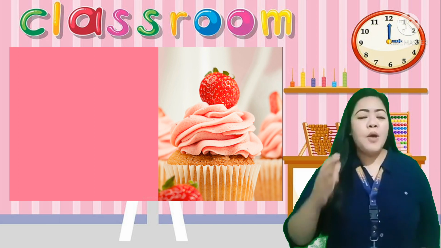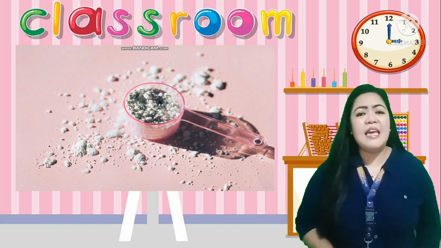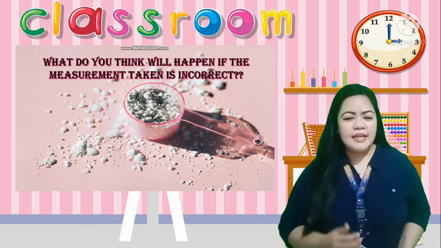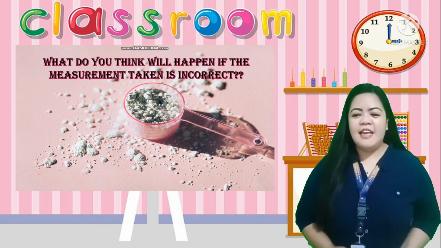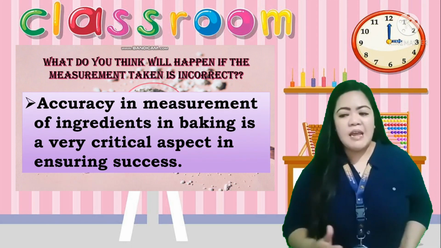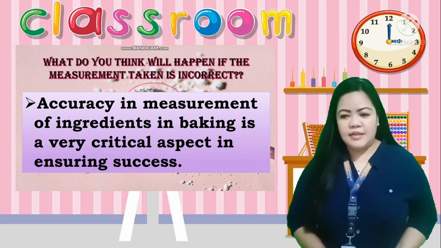Okay, class, what do you think will happen if the measurement taken is incorrect? Anyone from the class? Yes, Miss April. Very good. Accuracy in measurement of ingredient in baking is very critical in ensuring success.